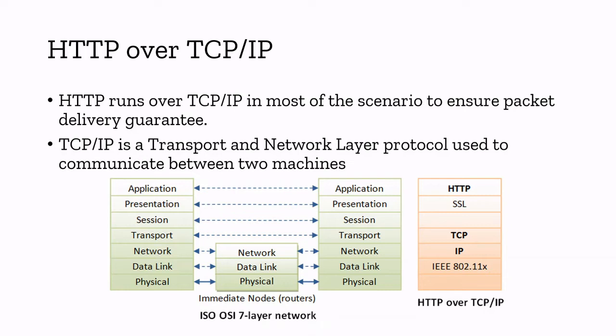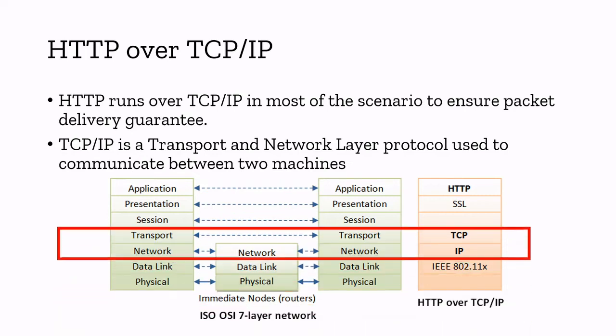So TCP/IP is a transport and network layer protocol used to communicate between two machines using the IP address. You can send and receive messages. From the diagram below you can see IP is on layer 3 and TCP is on layer 4, whereas HTTP is running over TCP/IP.